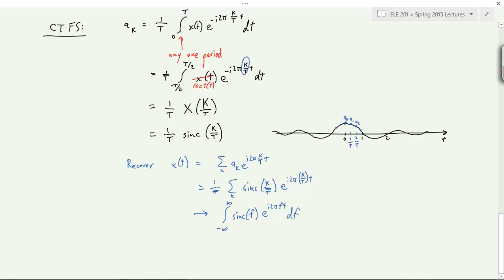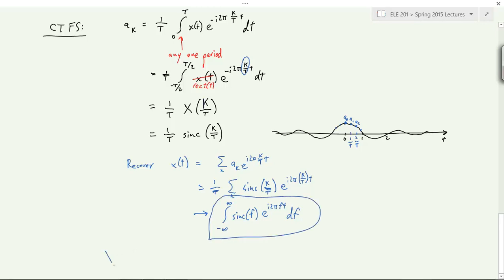Okay, so the point of all that was just to show that if you take this limit of letting the period go to infinity, then you find that there's a simple relationship between the Fourier series coefficients and the Fourier transform, and in fact, you get back an integral that should reverse the Fourier transform.